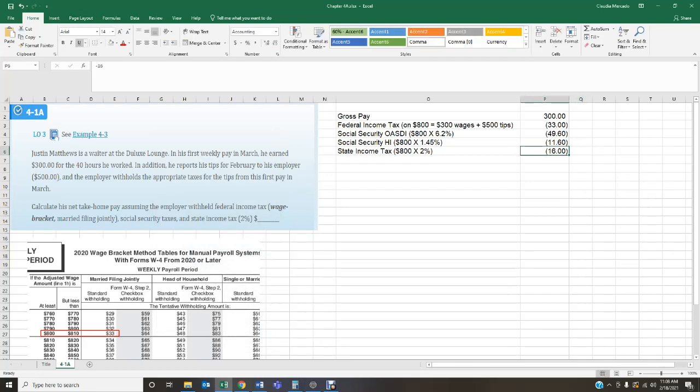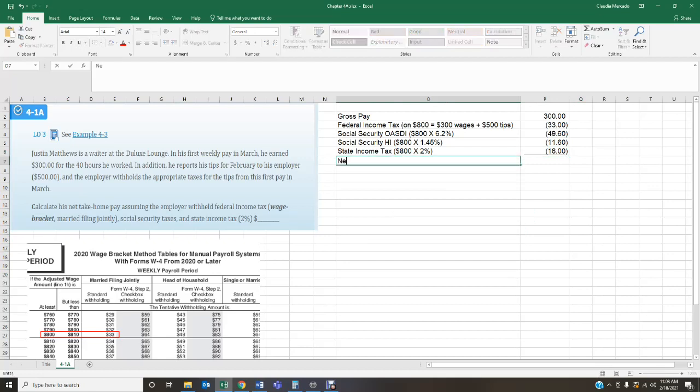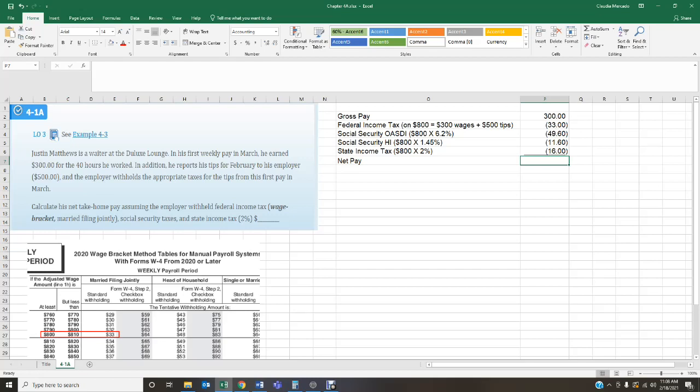Now I can calculate my net pay. This is how much the employee is going to take home from that $300 paycheck after paying taxes on both the $300 of wages and the $500 of tips. So the employee is going to take home, let's see, drum roll here, $189.80.